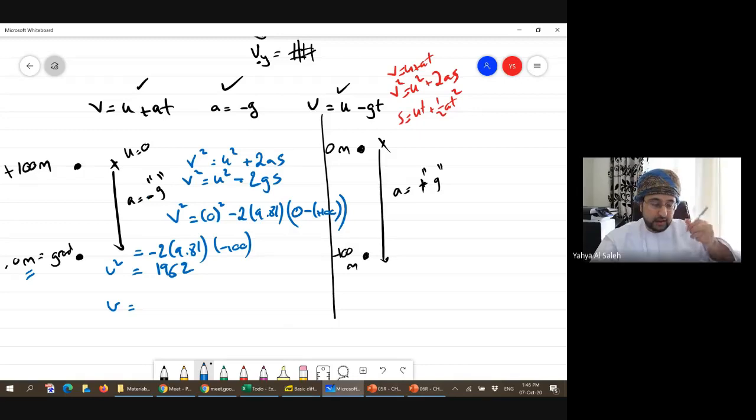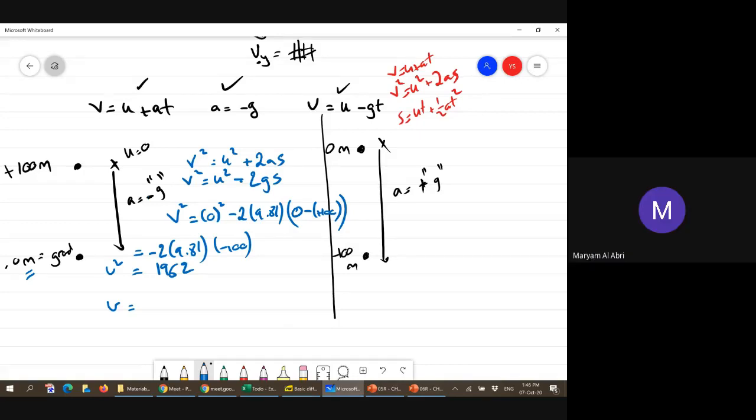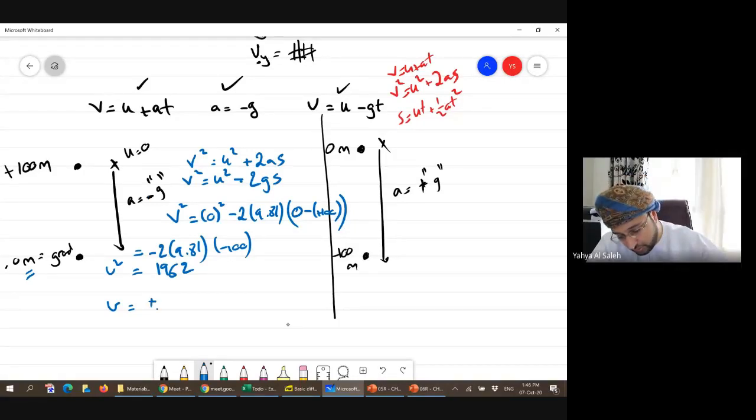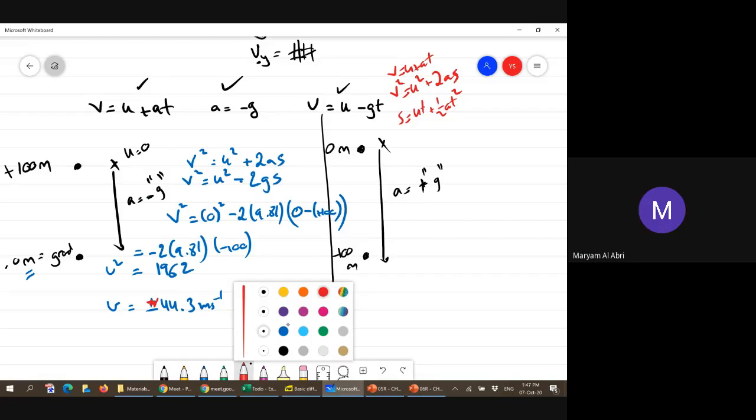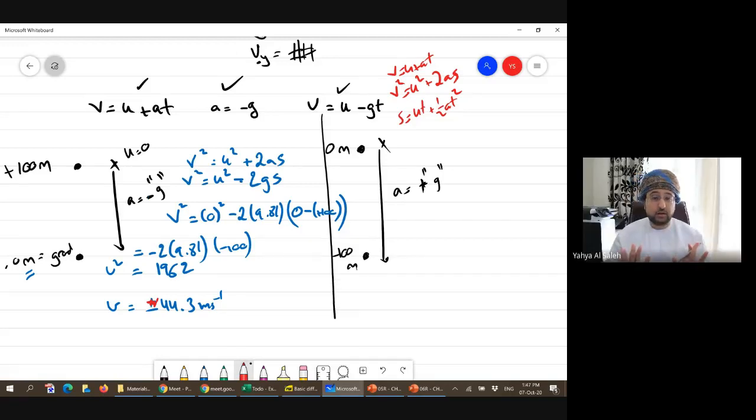We have defined down to be negative, صح؟ Yes. So my V is going to be plus or minus 44.3 meters per second. I am rejecting the plus because I have already defined down to be minus. This is my answer. Do we agree on this? Yes.